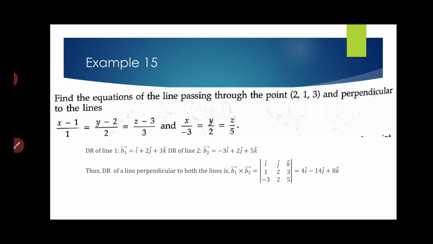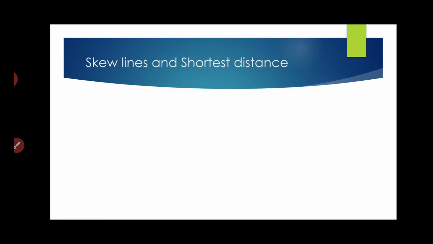And it is also given that it is passing through the point 2, 1 and 3. So the equation of the line is going to become (x minus 2) by 4, (y minus 1) by minus 14 and (z minus 3) by 8. So that is our required equation. As simple as that.